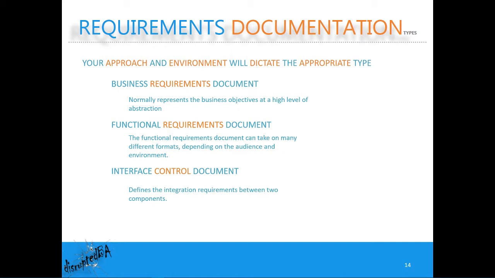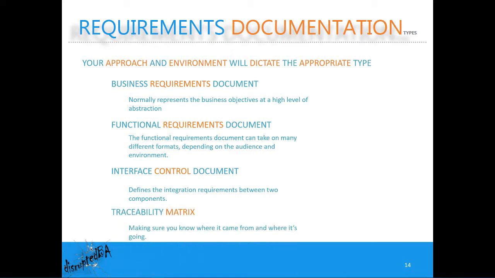But it will also say how that piece of information will get from point A to point B and so forth, which is more on a technical level. So if you're working on a complex integration project, you would definitely have some of your user requirements that you've elicited in an interface control document.